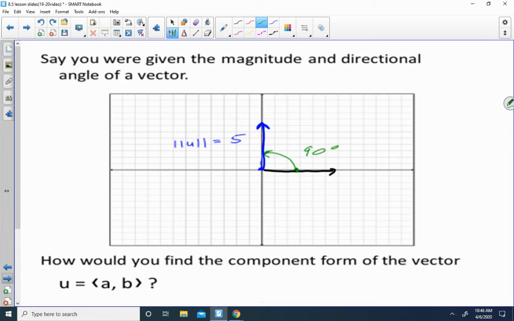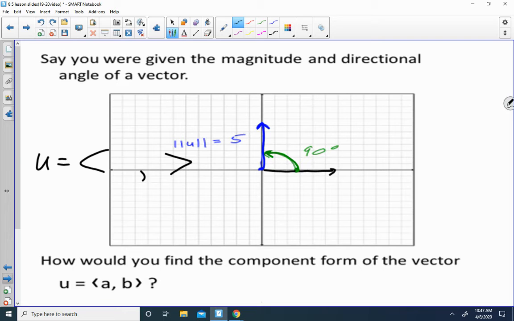So in other words, that tells you, oh, this arrow has to be pointing straight up because 90 degrees. Now, how would you find the component form of this vector? Or in other words, how would you be able to determine how it moves left or right, up or down?